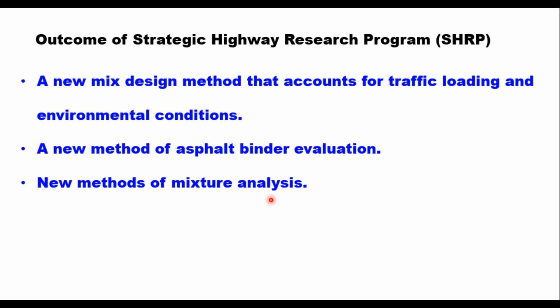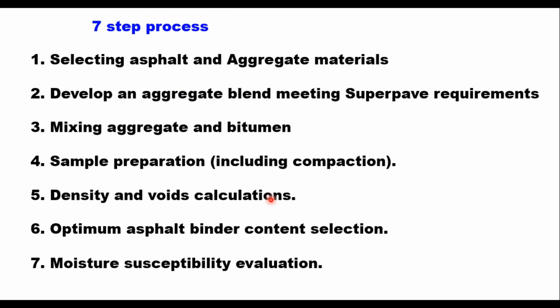The Superpave mix design method consists of 7 basic steps: selecting the asphalt and aggregate materials, developing an aggregate blend meeting Superpave requirements, mixing aggregate and bitumen, then sample preparation including compaction, density and voids calculations, and then selection of optimum binder content, and finally moisture susceptibility evaluation of the mix.